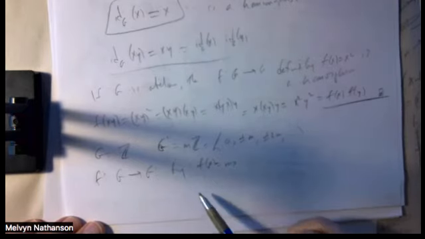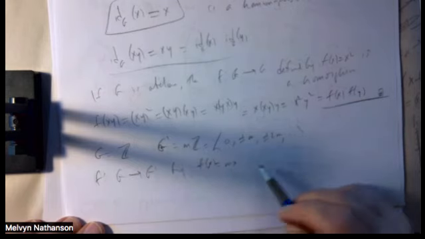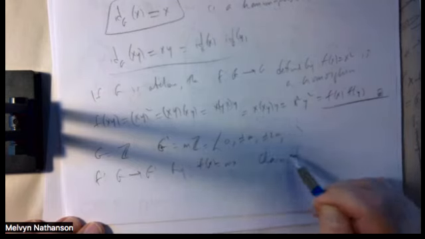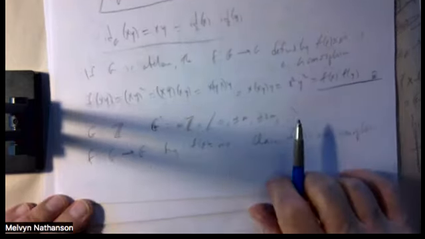I claim that G and G prime are isomorphic. Groups are isomorphic if there's an isomorphism between them. So the claim is f is an isomorphism.